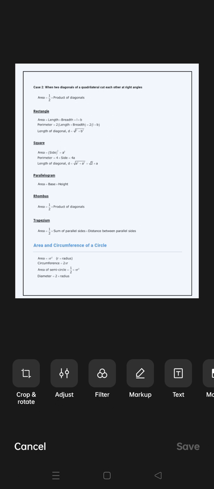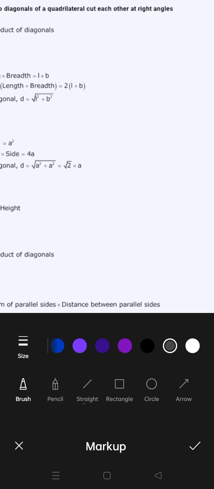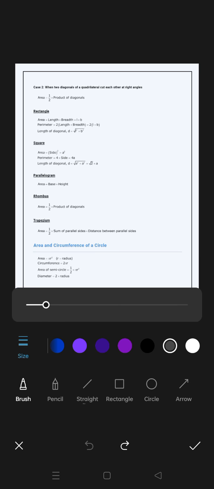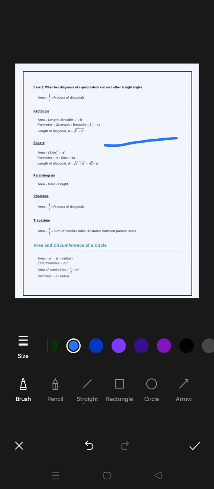Next is the parallelogram. What is a parallelogram? A figure whose opposite parallel lines are equal. Suppose this and this and this will be the parallelogram.